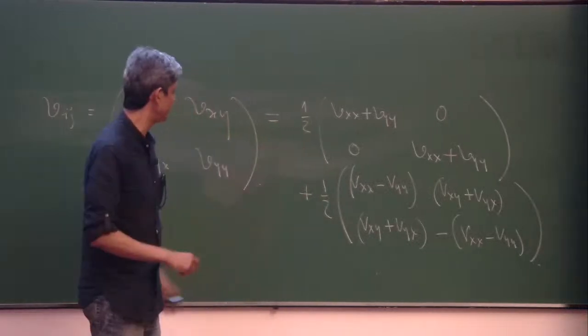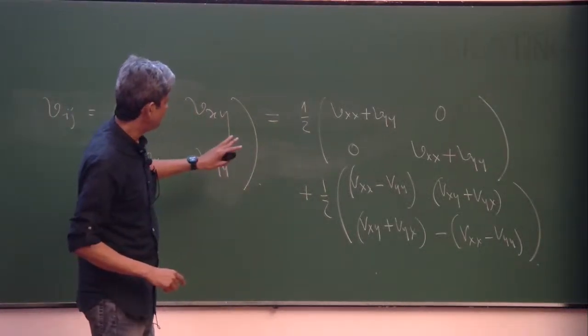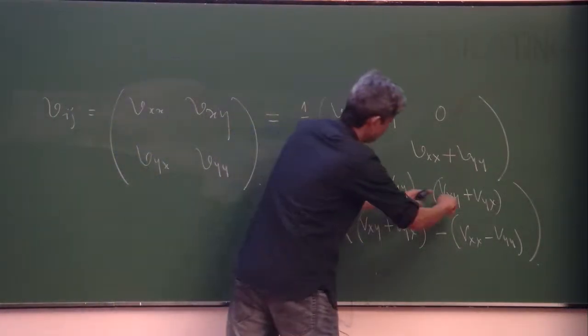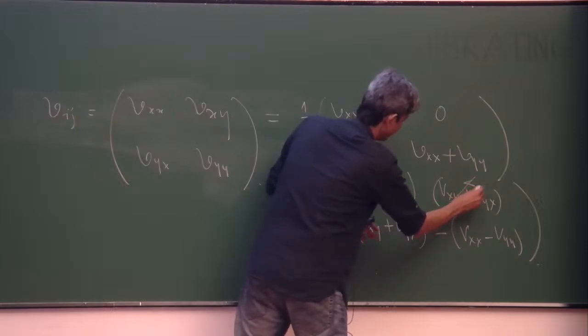For the moment, let's ignore that. Now think of a simple scenario where this xy or yx I'm dropping off.